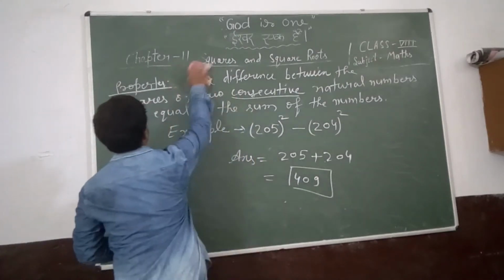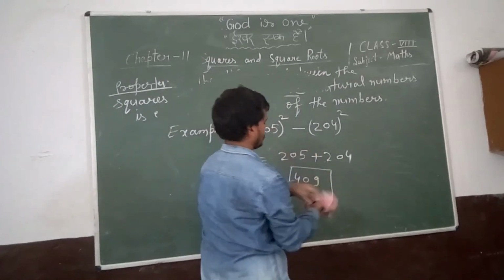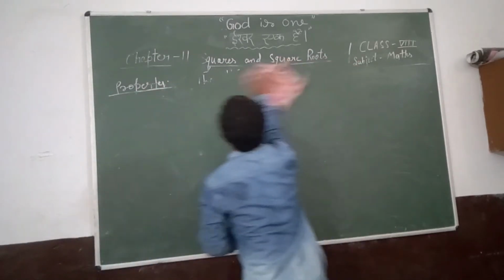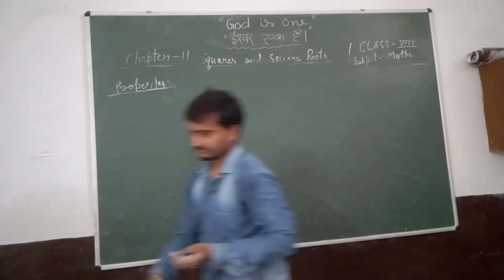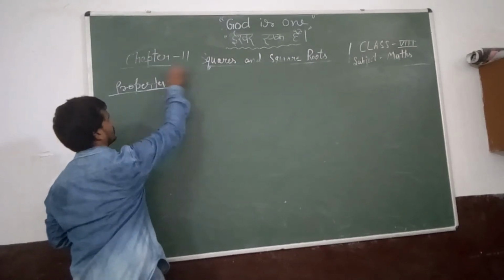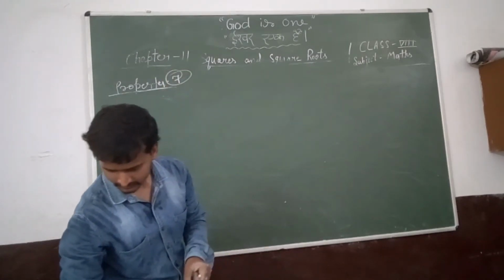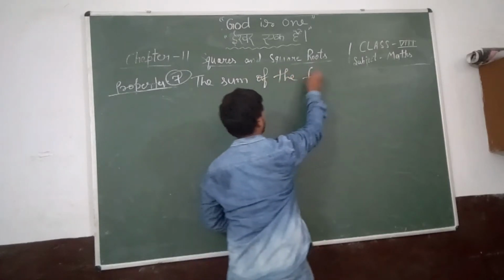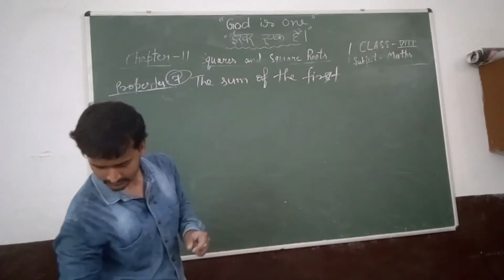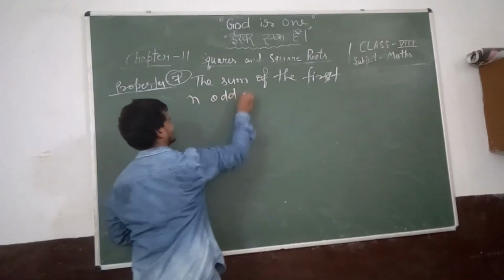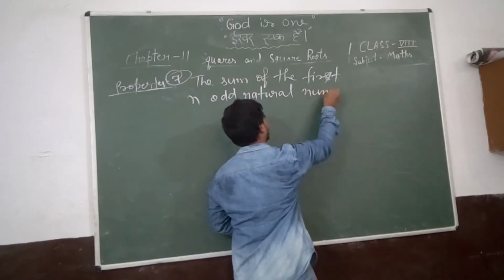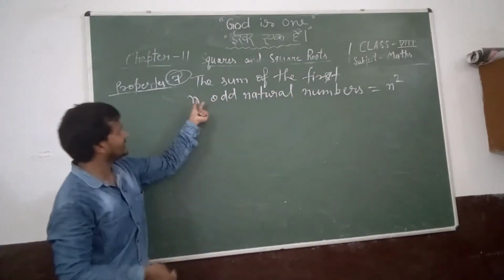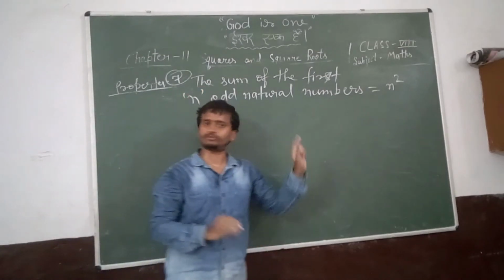Next property is the sum of the first n odd natural numbers equals to n square.